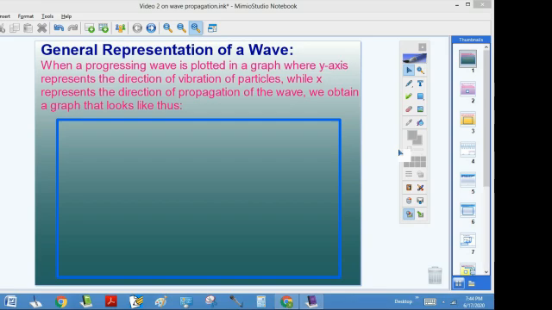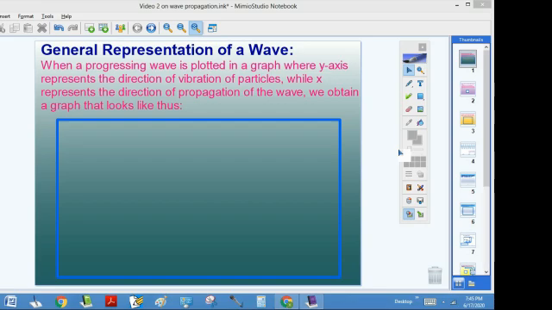So all waves, when in progress, when moving, are plotted in a graph, where the y-axis represents the direction of vibration of particles, while the x-axis represents the direction of propagation of waves.